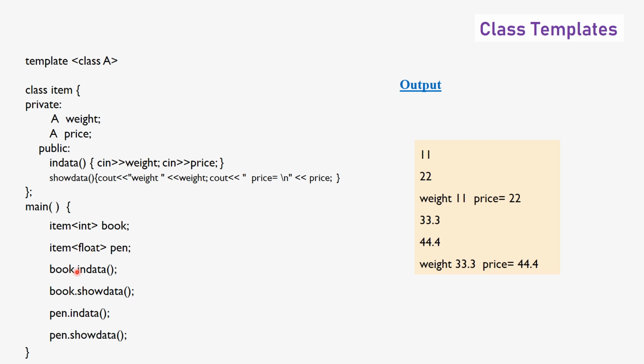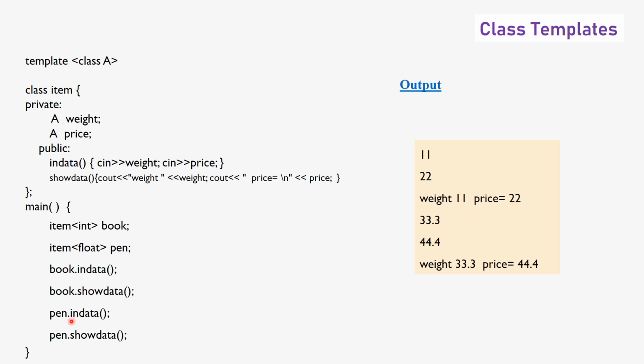So let's execute and let's call the function book.inData. So we entered 1 1 and 2 2. Then we call book.showData. So 1 1 and 2 2 you can see on the screen.